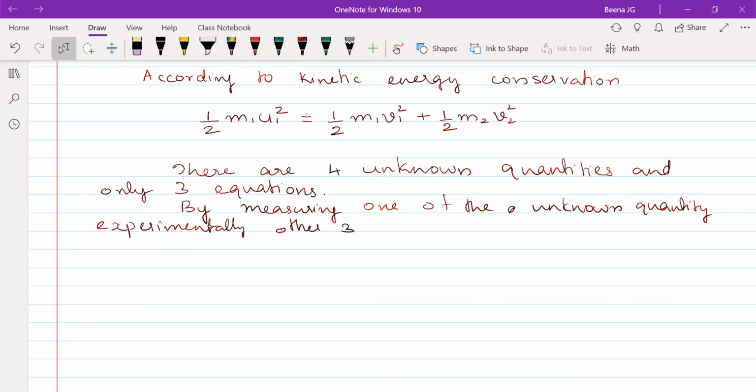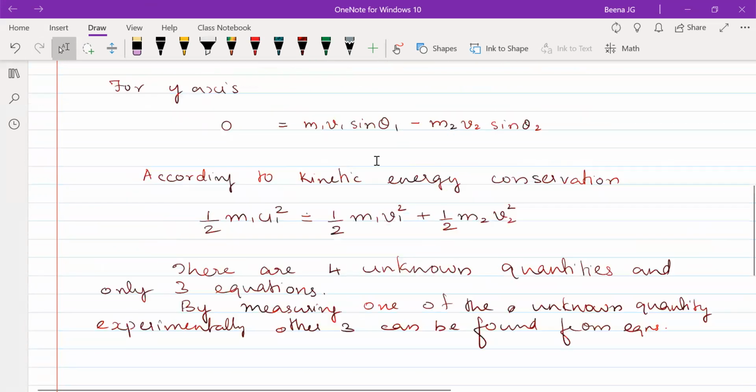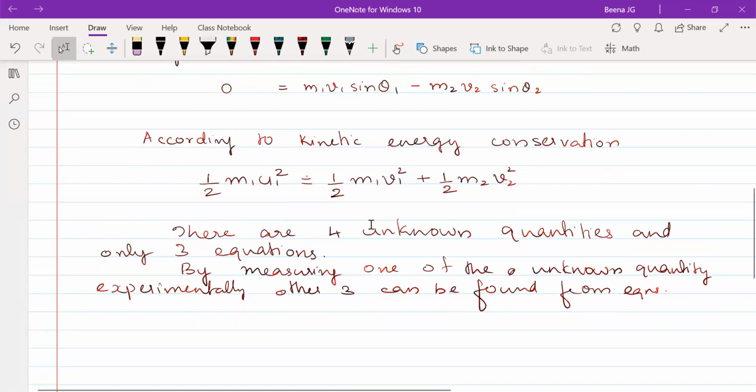The other 3 can be found from the equations. That is all about elastic collision in 2 dimensions. We are just framing the equations, all the 3 equations, and since there are 4 unknown quantities, we cannot directly solve it.